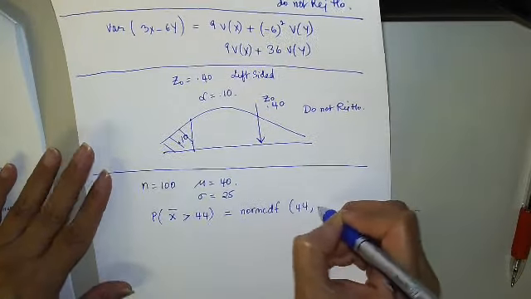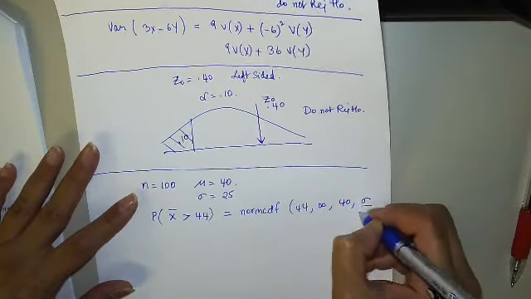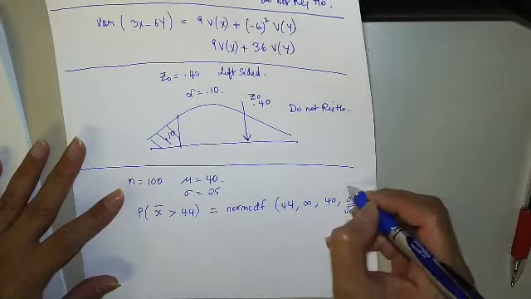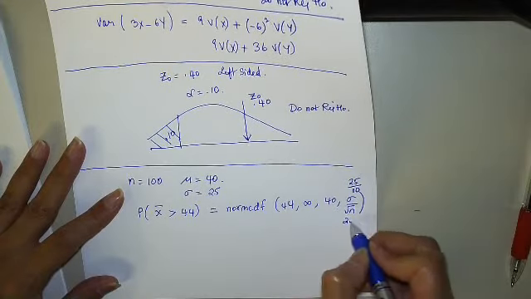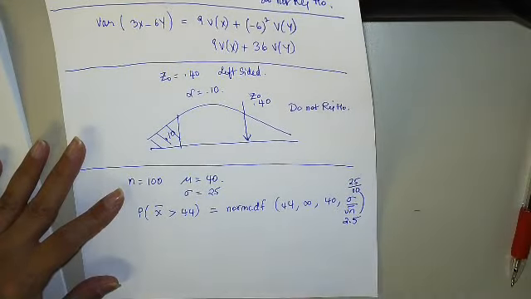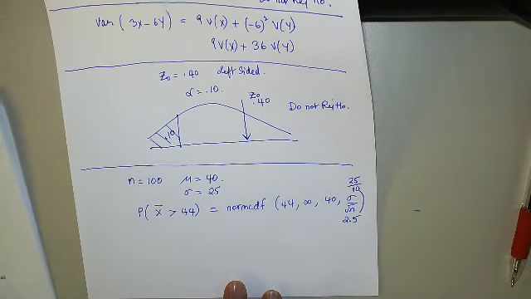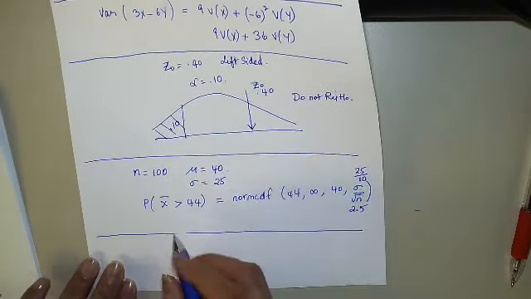How should I do this problem? 44 minus 40 divided by 25. Yeah, do we want to do this by hand? How about norm CDF? Norm CDF, 44, comma infinity, comma mu, 40, comma sigma over rad n. That's the only trick here, sigma over rad n. So 25 over 10, which is 2.5. Got it? When you can, use the calculator. Okay, we did that, we did that.